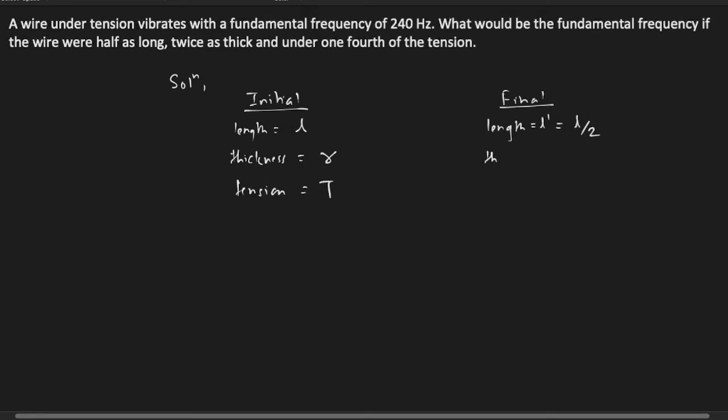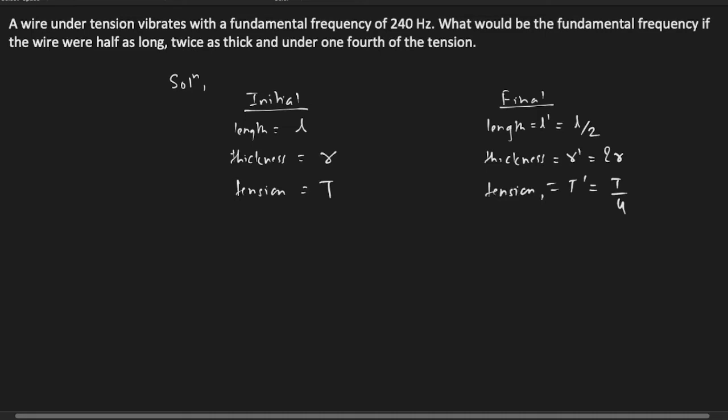Similarly, thickness is R dash, which is twice the initial thickness. Similarly, tension on the wire is T dash, which is equal to 1/4 of the initial tension.